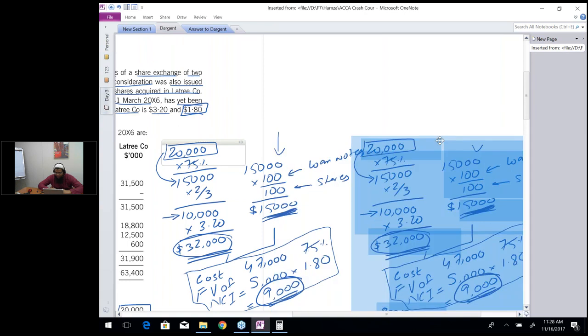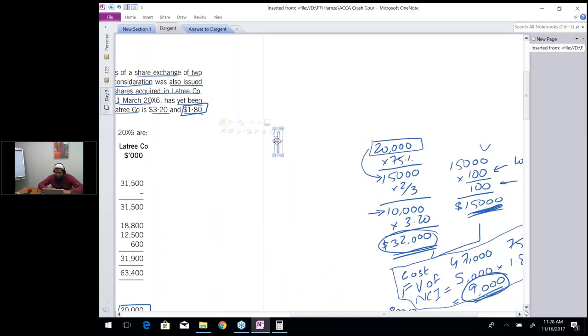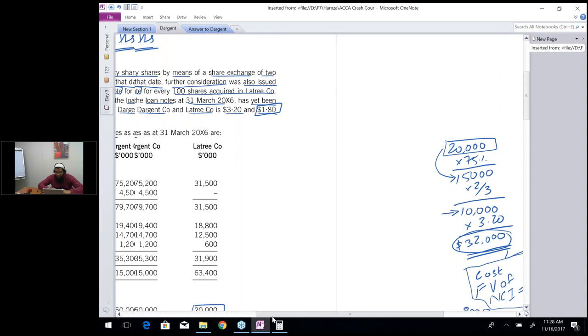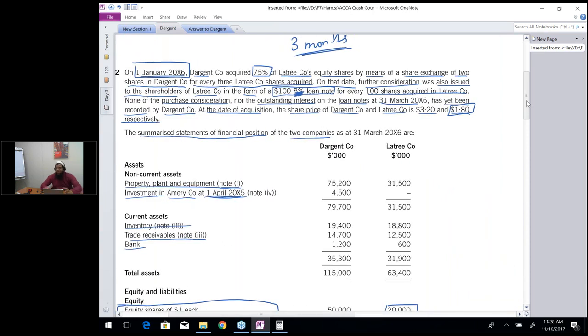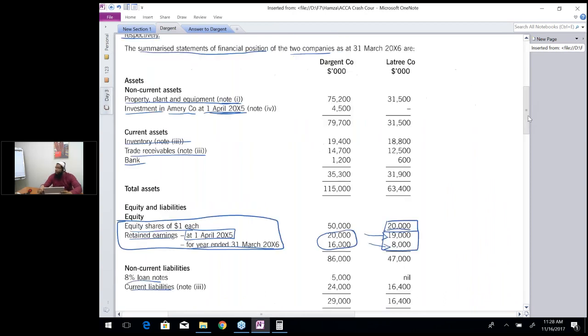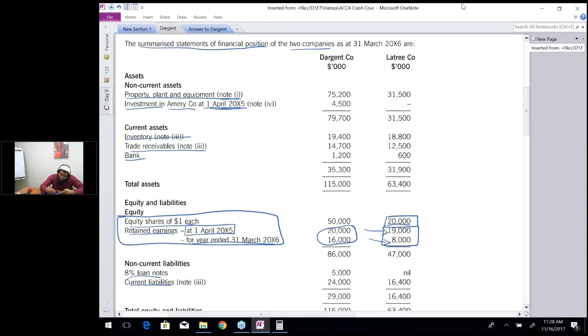So I'm moving them a bit so that you people can refer to them later as well. Now this is the balance sheet according to the question, and now I'm going to prepare the balance sheet according to the group.